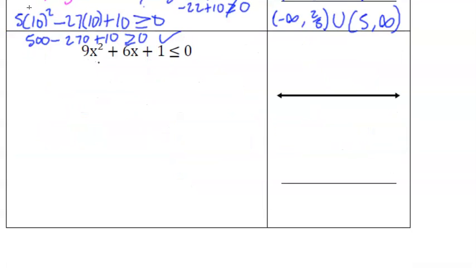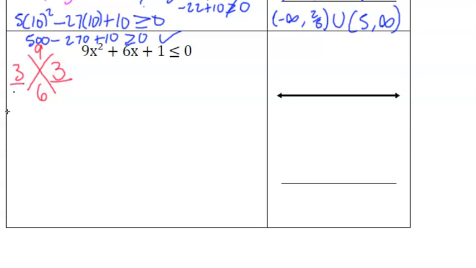Okay, let's do this next one. 9x squared plus 6x plus 1 is less than or equal to 0. It's already in the equals 0 form, so let's factor it. 9 times 1 is 9, and we have 6. 3 times 3 is 9, 3 plus 3 is 6, so that would work.